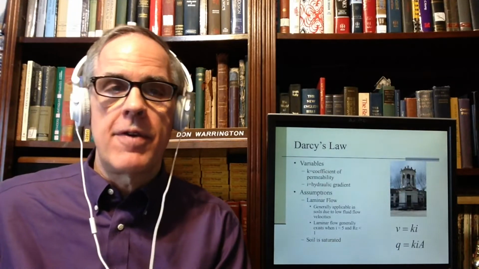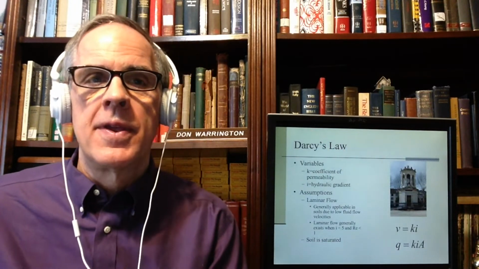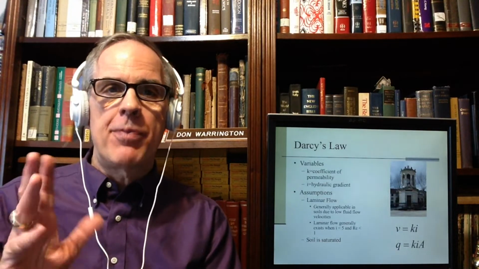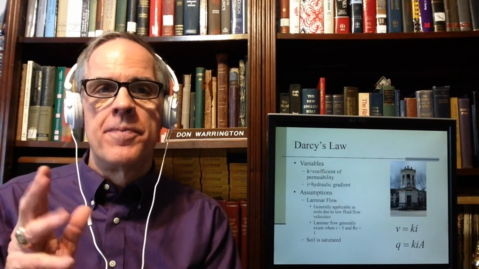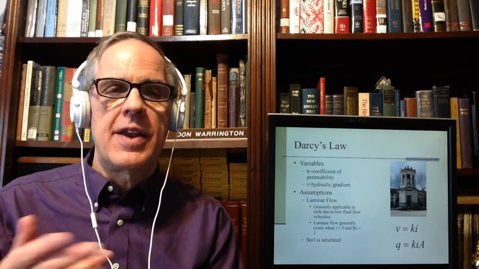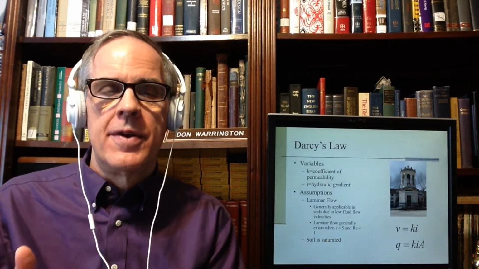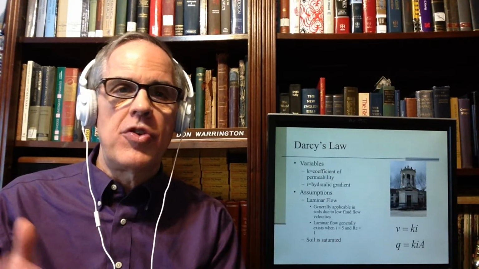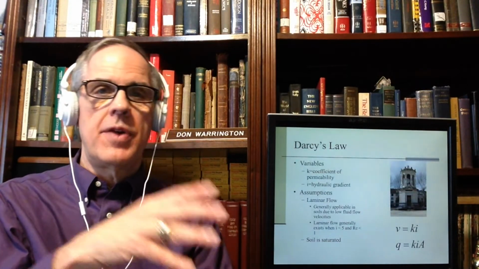So, there's where you use your specific discharge. K encapsulates the whole issue of granular size, angularity and all that fun stuff, and enables you to use the specific discharge to estimate flow.